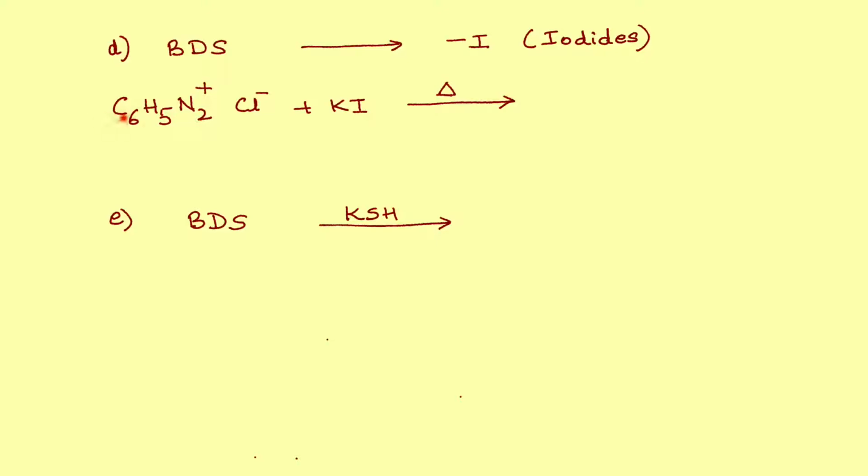Yes, of course. As you can see, benzene diazonium salt plus potassium iodide. And here again, keep things simple. What do you get here? C6H5I, iodobenzene, plus nitrogen plus KCl.